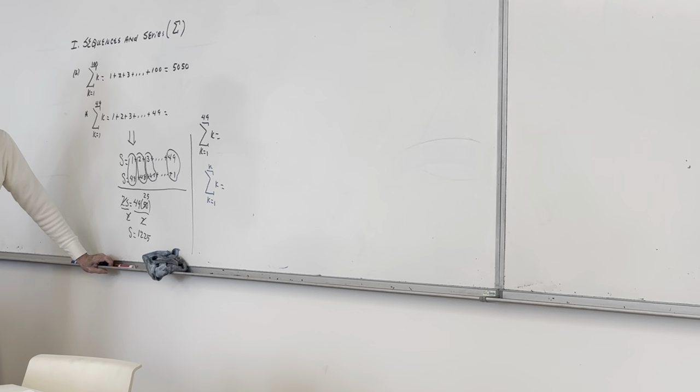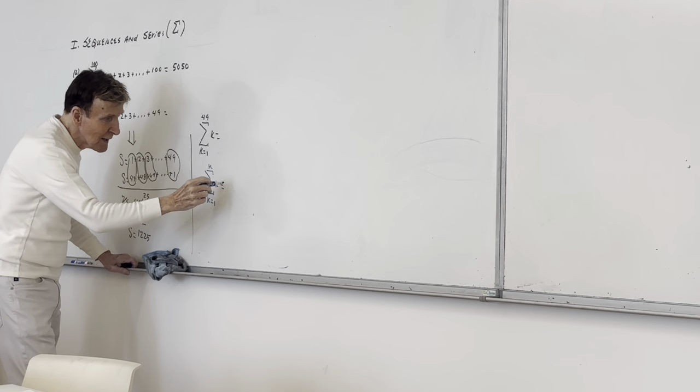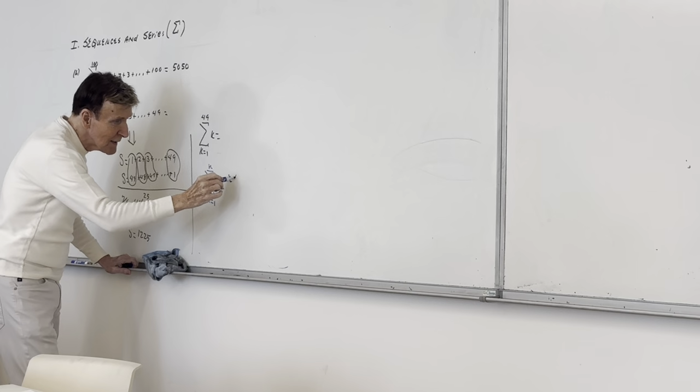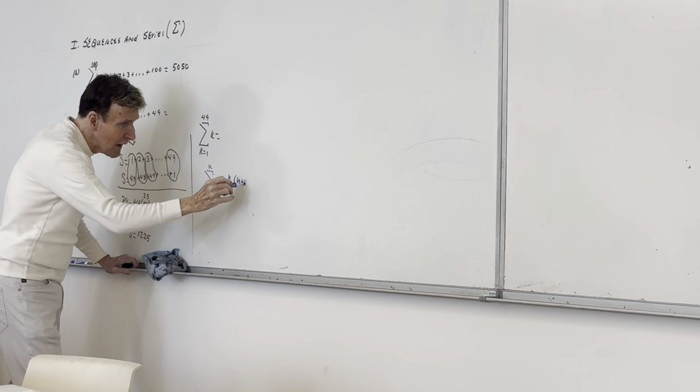Because I think I gave you a set of formulas on the back there somewhere. It's a summation. And what did the formula say? n times n plus one over two.